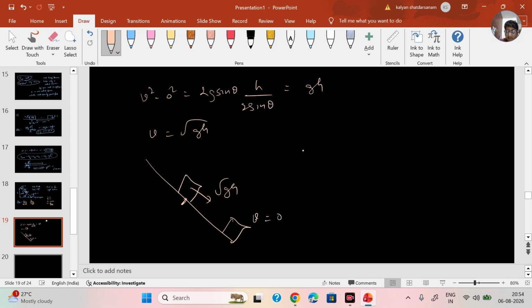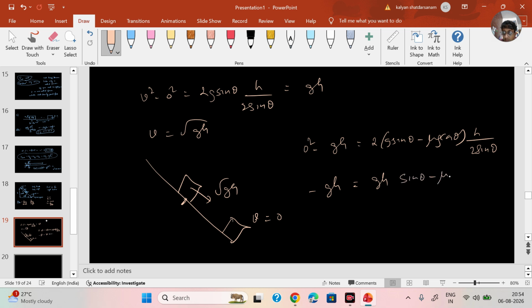Again I'll apply v square minus u square is 2as. What is a now? g sine theta minus mu g cos theta. Friction is also there, because of which the acceleration will be like this. Into s, which will be h by 2 sine theta again. So from here, minus gh is gh, the 2 got cancelled, into sine theta minus mu cos theta by sine theta. gh will cancel.